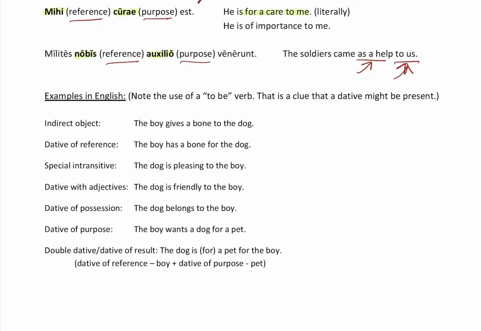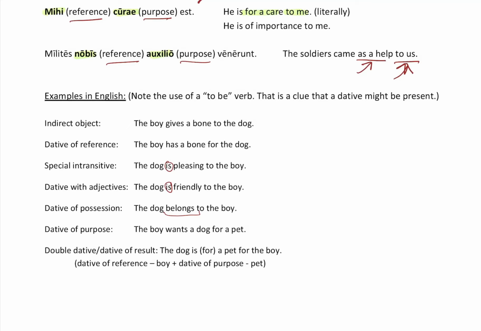All right, so let's take a look at some examples in English, because that will help you with all the different kinds of datives. So do take a look at the word. There's a bunch in here that have a to be in it. Remember, that's that odd form of to be instead of sa.